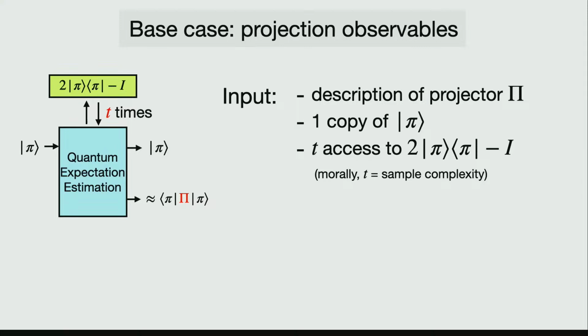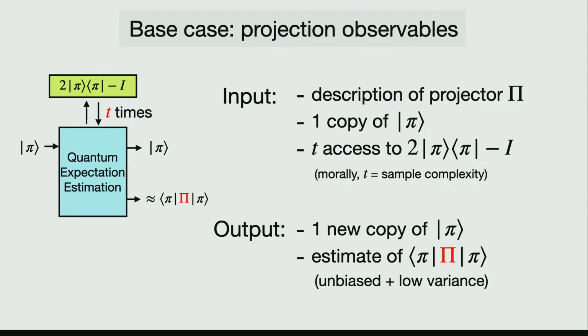It can be generalized later on to an arbitrary observable, but I will just show you the base case. So what's the goal? As input, you are given the description of the projector. You are given a single copy of the quantum Gibbs state, and you can access this reflection a certain number of times, t, which morally corresponds to the sample complexity. Classically, it would be the number of classical Gibbs samples; quantumly, this is the number of reflections you apply.